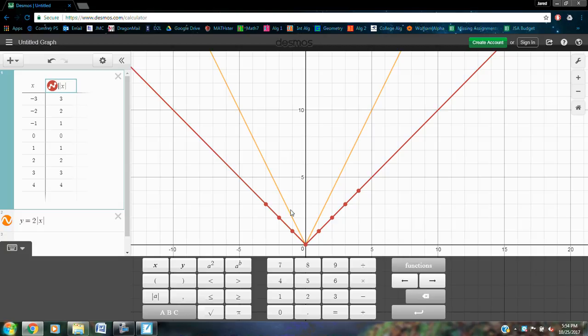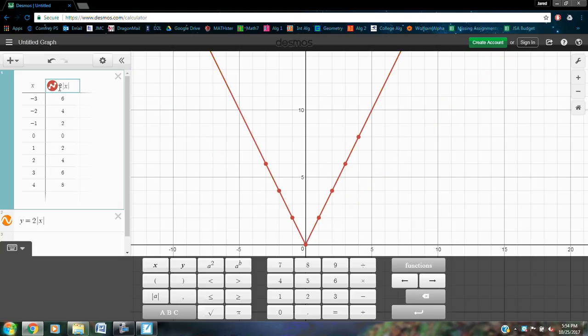This red one over here, these values all need to be multiplied by 2 still, right? Because we had the 2 on the outside, so think about what each one of these would be if times by 2. Okay, what would happen is, if I plug in a 2 here, these all get doubled, and that's why all of a sudden it gets a little bit narrower.